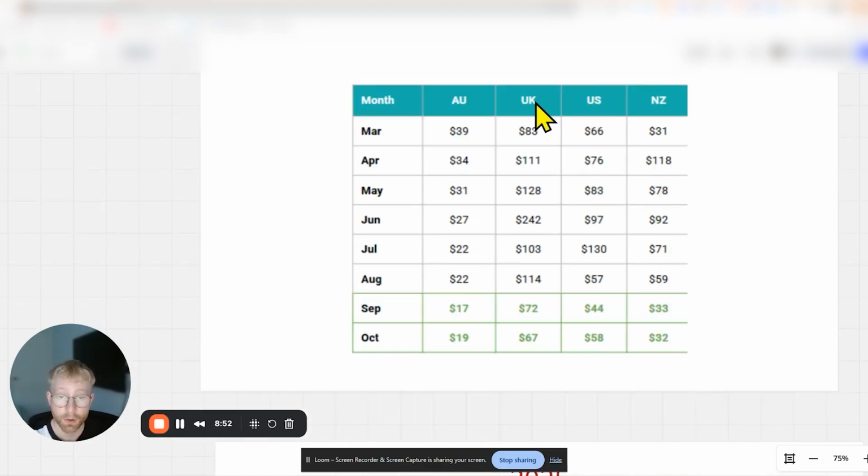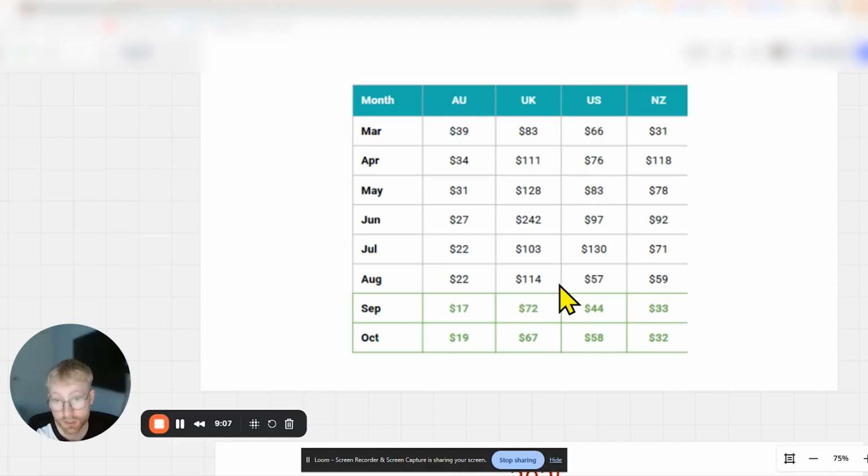The cost per marketing qualified lead for the UK has dropped to $72, and then in October it dropped to $67. So it has definitely had an impact on the wider funnel.